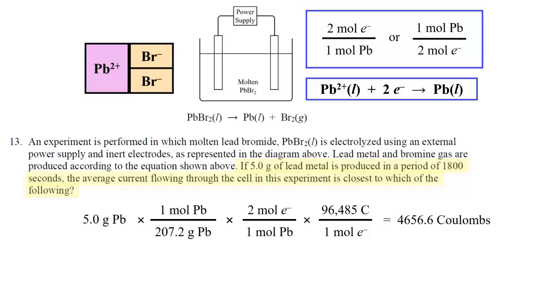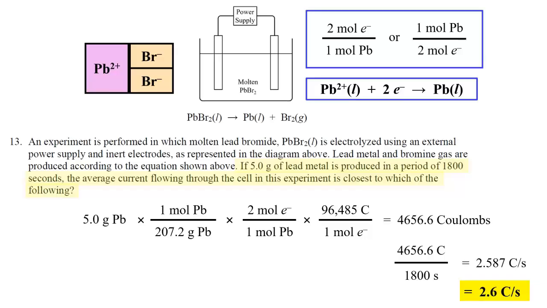So the total time is 1,800 seconds. So I'll do coulombs divided by seconds, and when I do this math, 4656.6 divided by 1800, I get approximately 2.587. I'm going to round off to 2 significant figures because both 5.0 grams and 1800 seconds have 2 significant figures. So 2.6 coulombs per second.